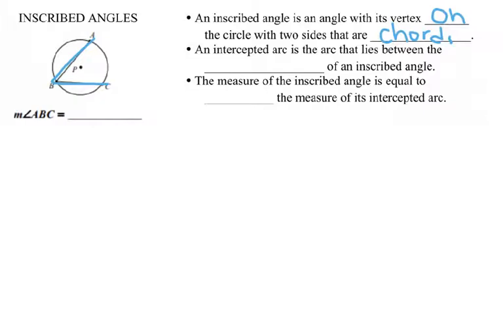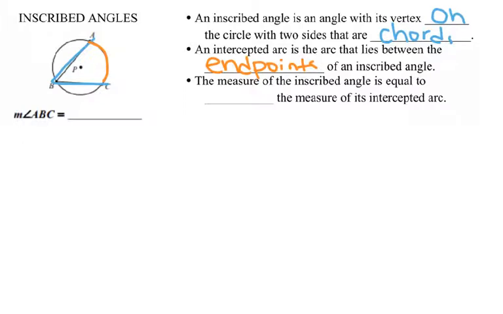Okay, so the next thing is we're going to talk about an intercepted arc. An intercepted arc is an arc that lies between the endpoints of the inscribed angle. So this would be the intercepted arc.